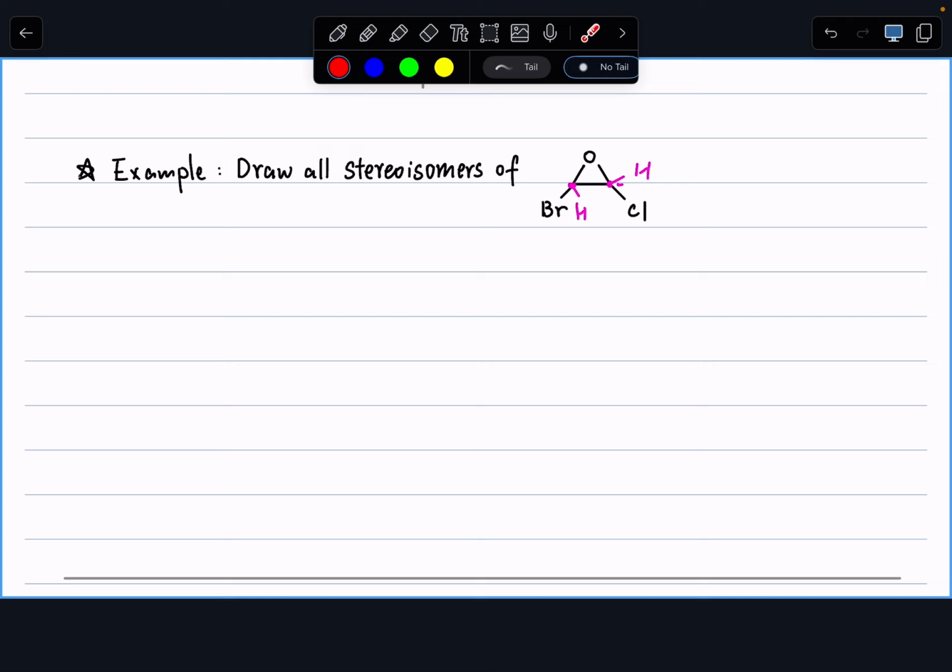So for each of these carbons, we have 4 different groups attached to that carbon. Consequently, we have 4 different stereoisomers because we're looking at a molecule with 2 stereocenters. So what are the molecules we can draw? We can start by putting bromine wedged out, hydrogen dashed, chlorine wedged out, hydrogen dashed. Or your hydrogens are cis to each other in this joint.